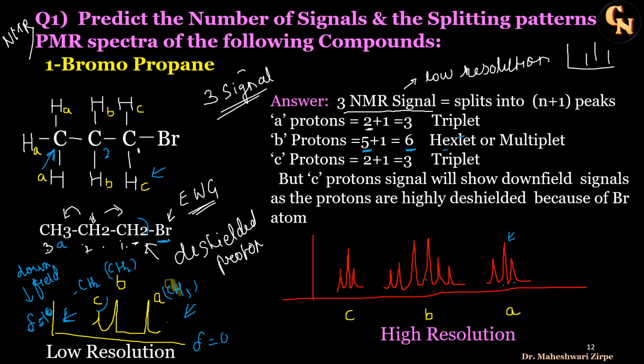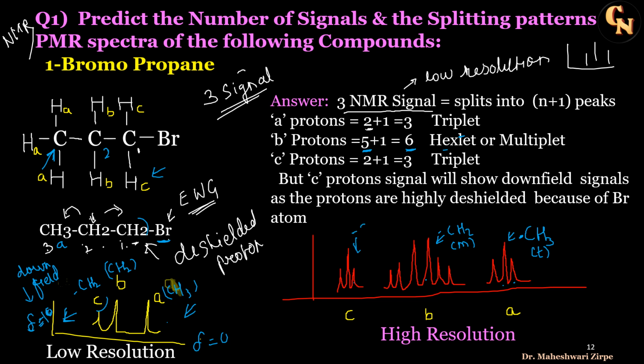So this indicates CH3, and we will be writing CH3 for A protons, which we show in a bracket by T. Then this indicates CH2 of B protons, and in the bracket we'll write small m.